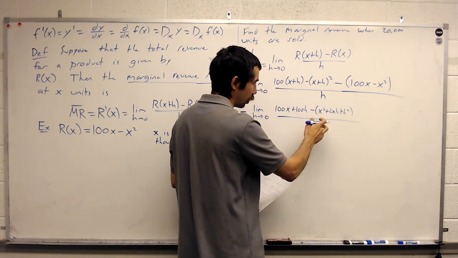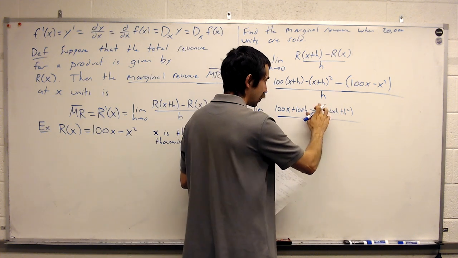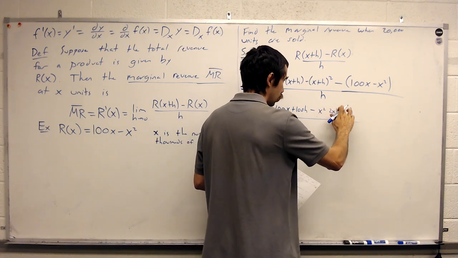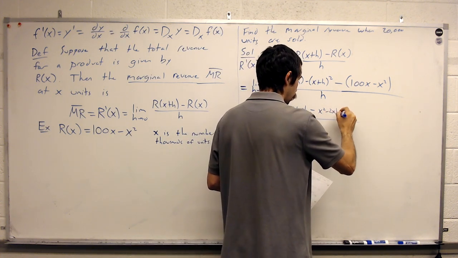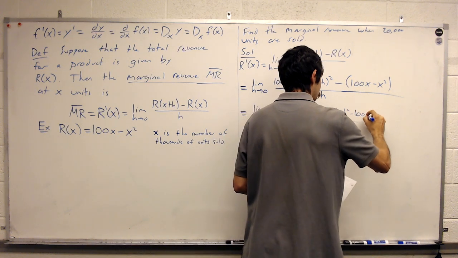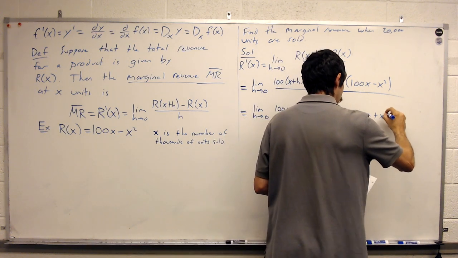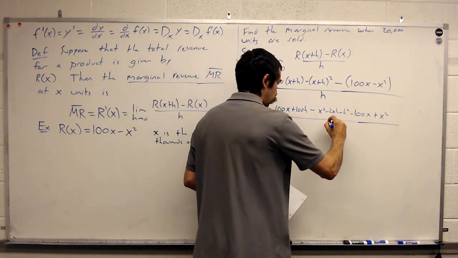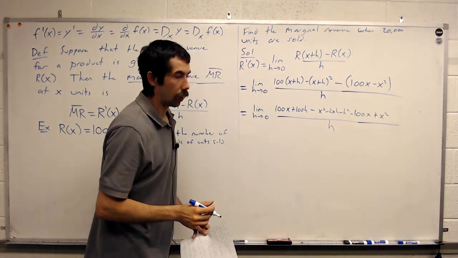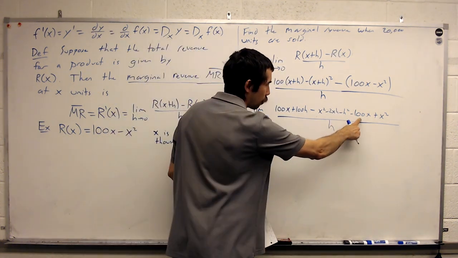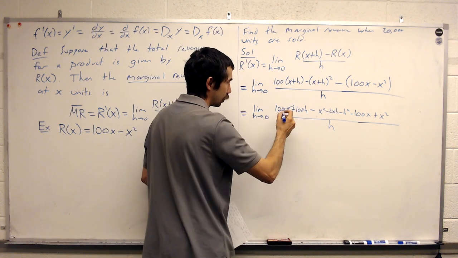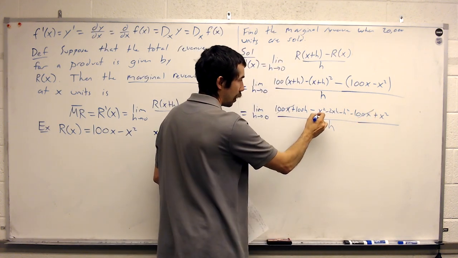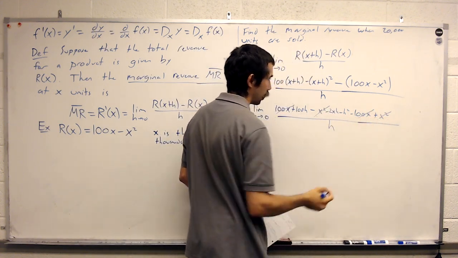I'm going to distribute this through also, so it's minus, minus, minus 100x plus x squared, all over h. What cancels? Minus 100x cancels with 100x. And minus x squared cancels with x squared.